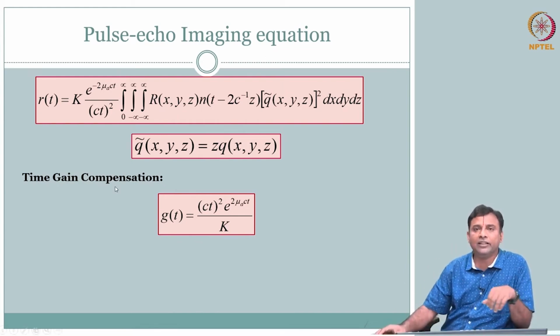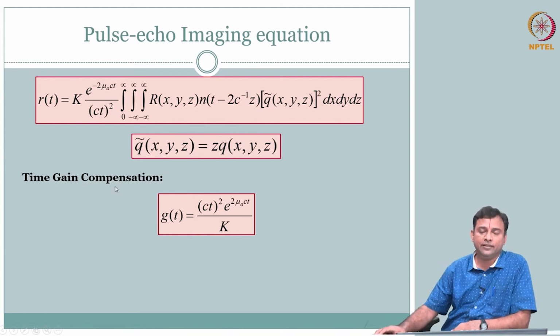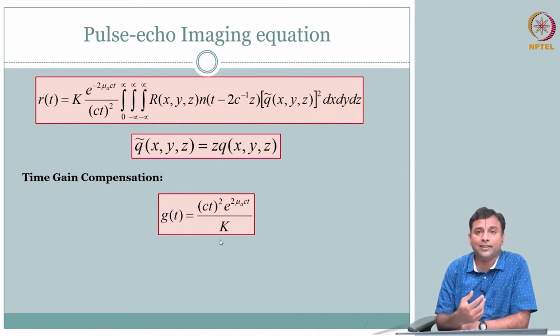There are several ways instrumentation is given, but essentially this is implementable as a separate unit called time gain compensation. In some places this will also be referred to as depth dependent compensation, and that is because time and depth are related, as I will make explicit now. So that is your g of t.